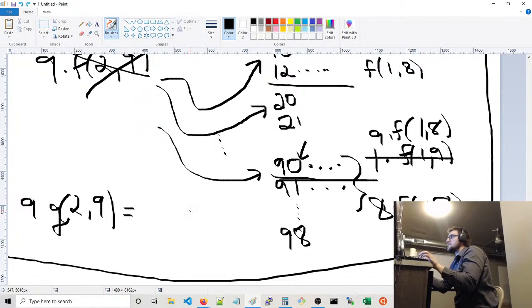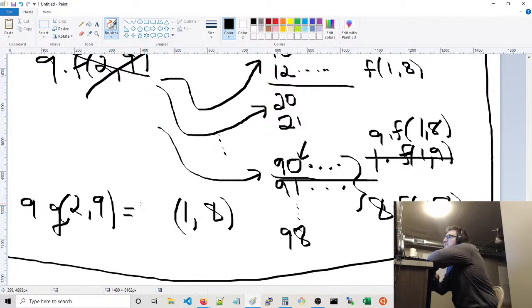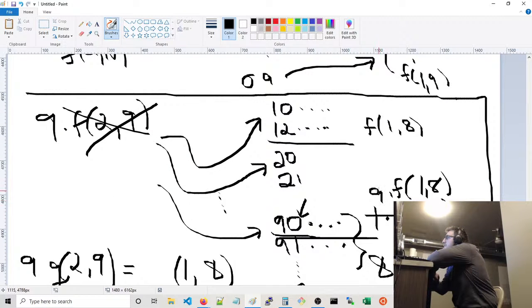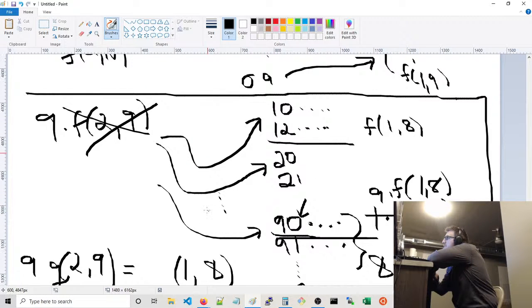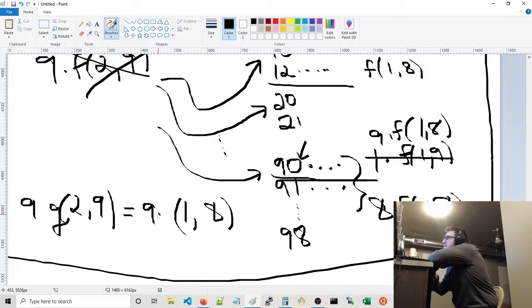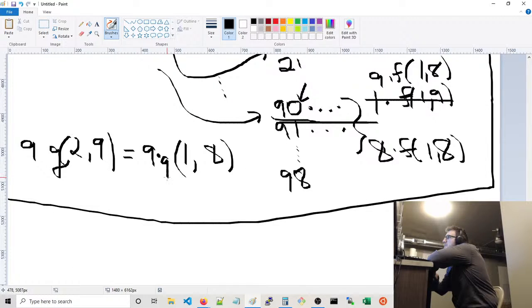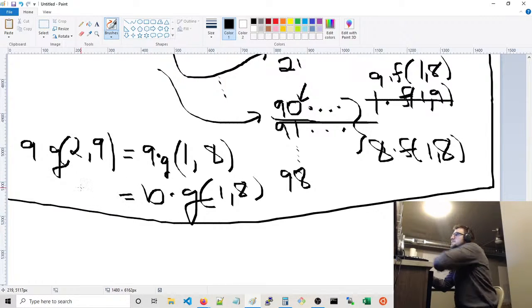The number of times that this occurs is, this f of 1, 8 happens 9 times, times g of 1, 8, which is really a permutation.